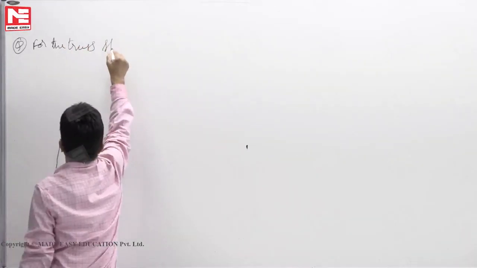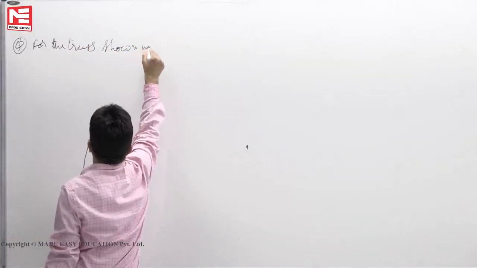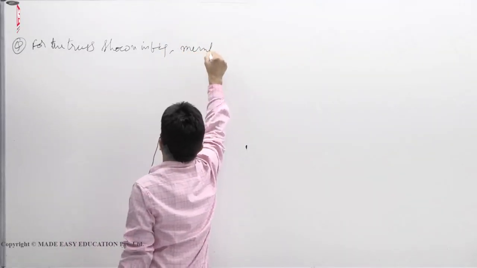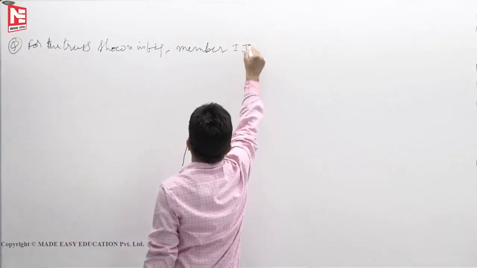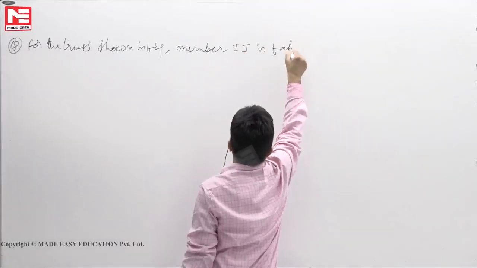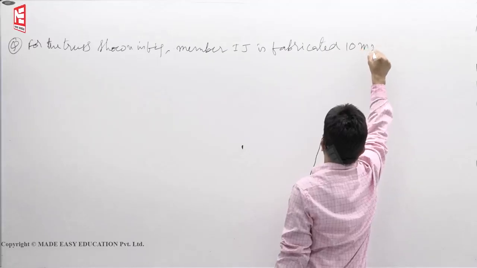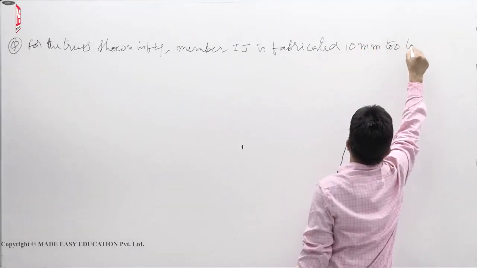For the truss shown in figure, member ij is fabricated 10 mm too long.